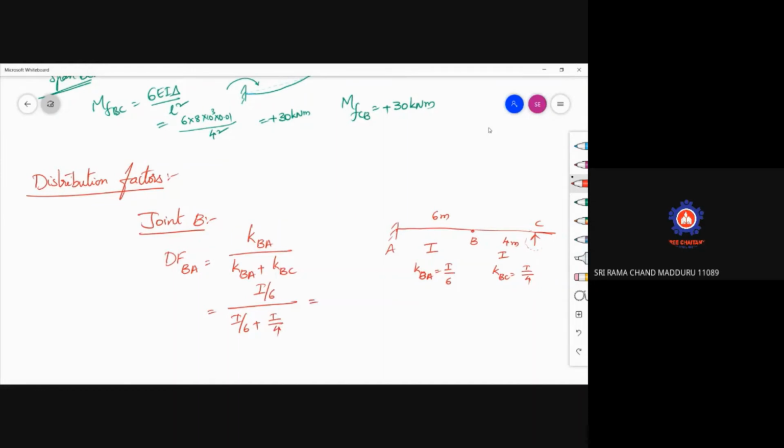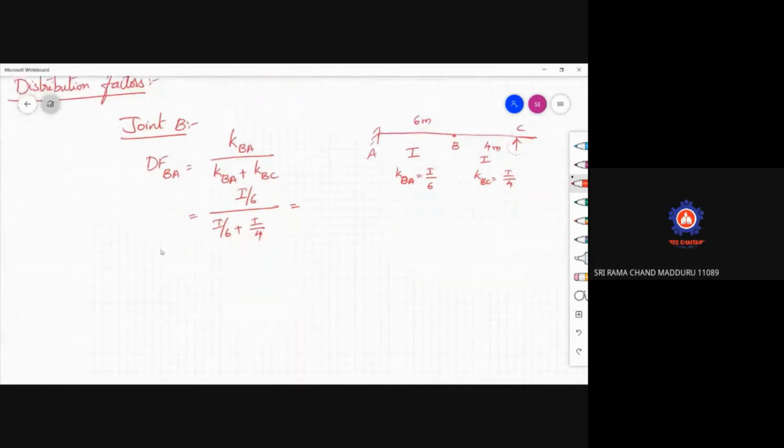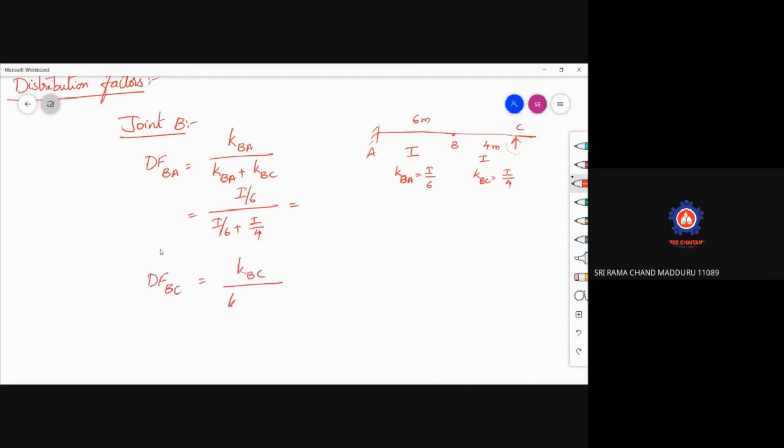So you can tell me what is this value. DFBA, do it and tell me the value. Whereas DFBC is equal to KBC by KBA plus KBC. So this will be I by 4 by I by 6 plus I by 4.